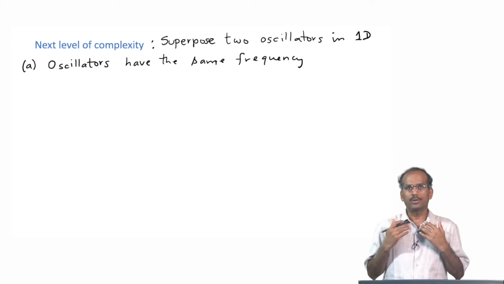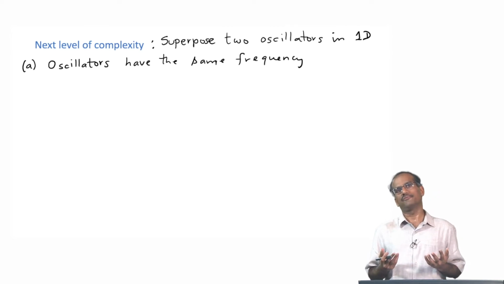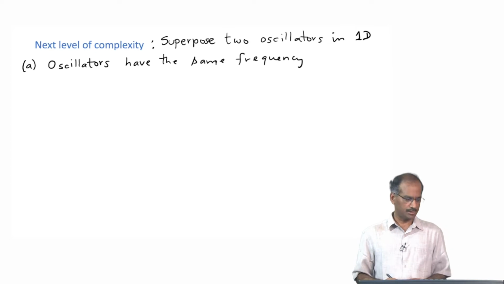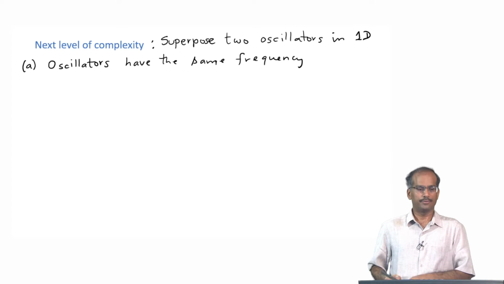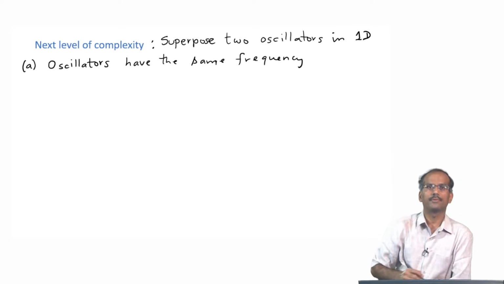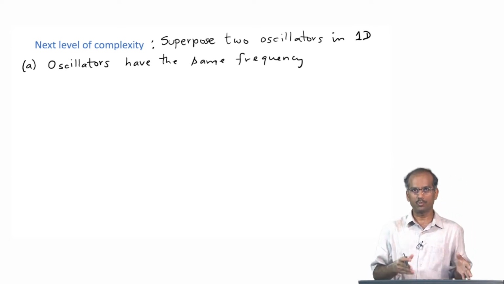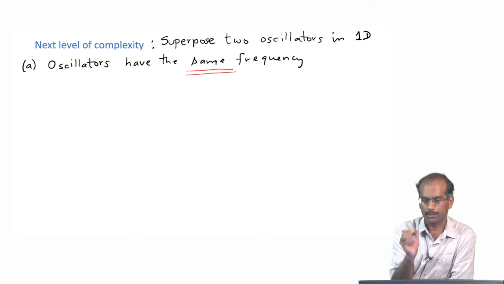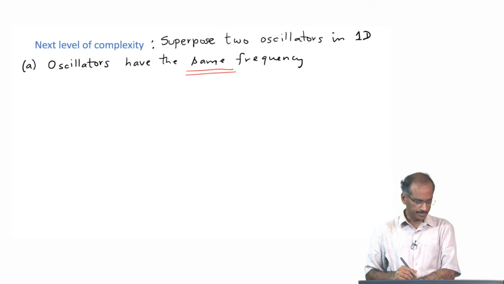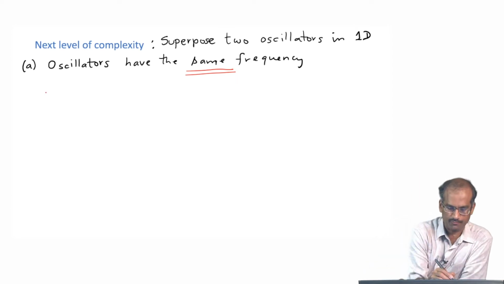And I would like to know what is the net oscillation if I combine two oscillations in the same dimension. And the restriction that I place is that I have two oscillators and they have the same angular frequency. So, which means that I can start with the following ansatz.